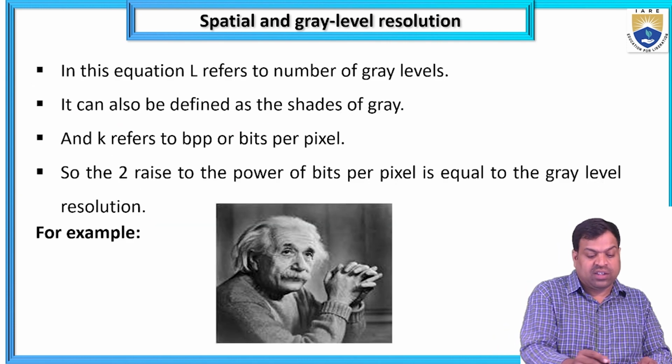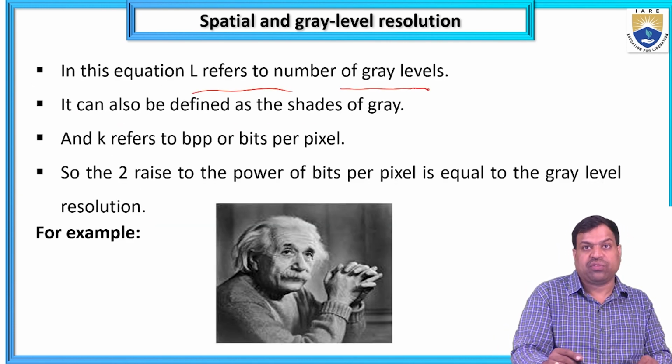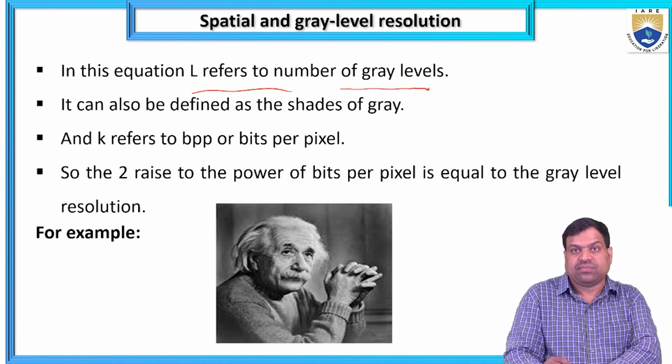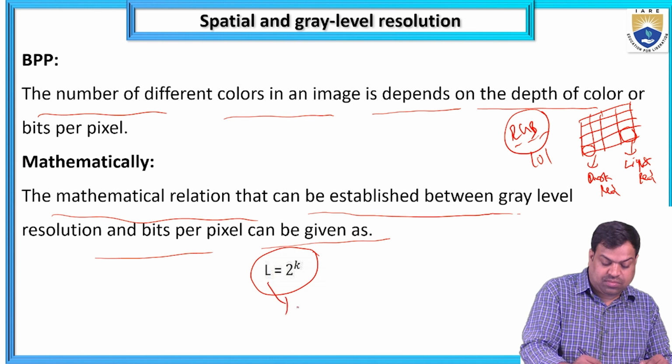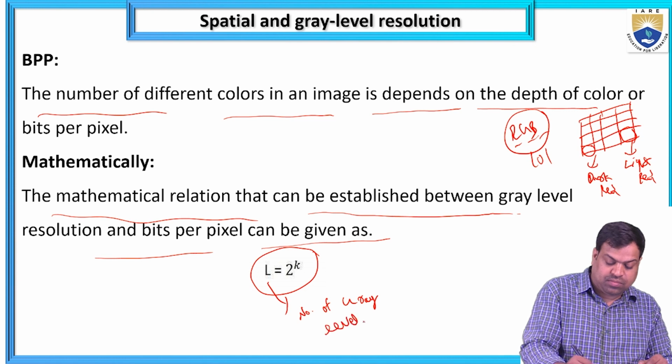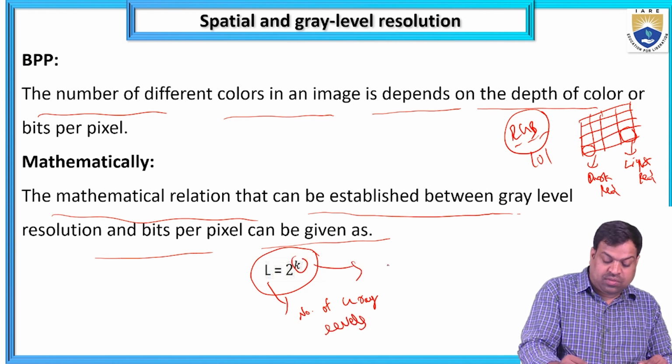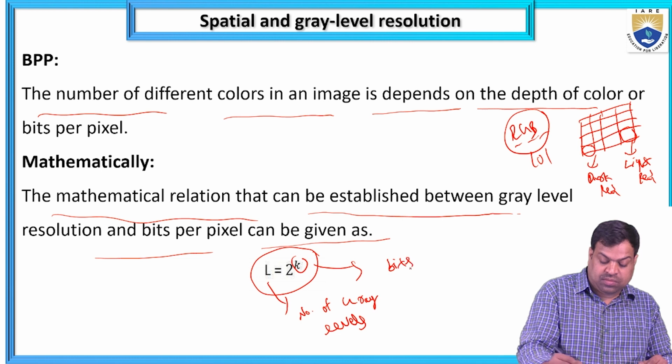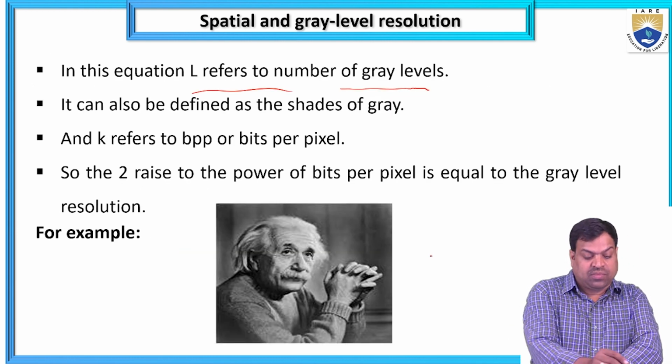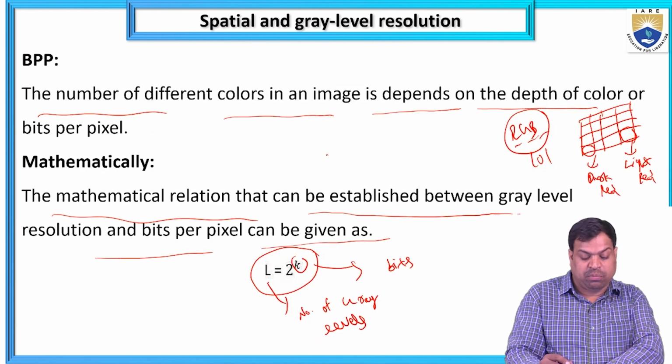Here L refers to the number of gray levels, and K refers to the BPP, or bits per pixel.